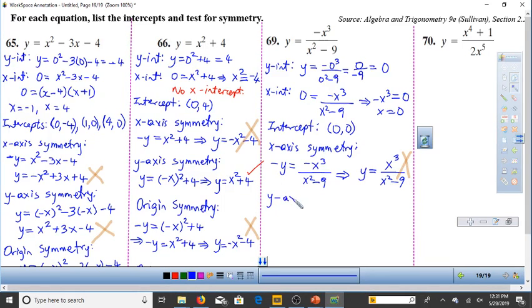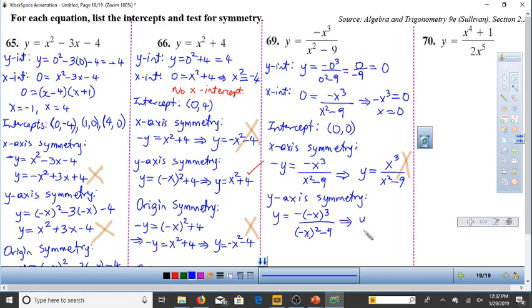For y-axis symmetry, I will replace all the x's with negative x. So we now have y equal to negative of negative x cubed over the square of negative x minus 9.